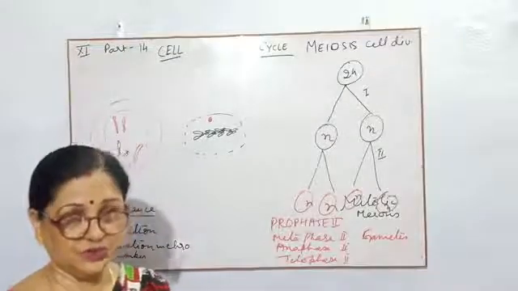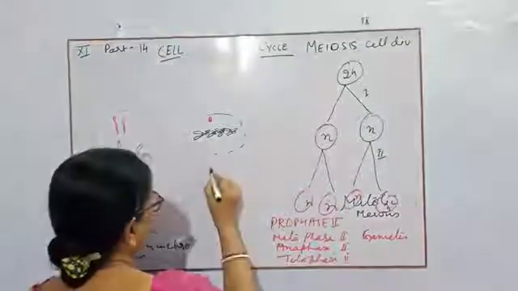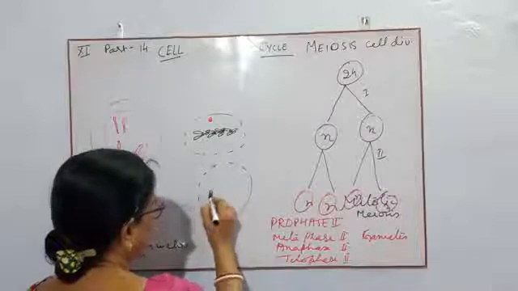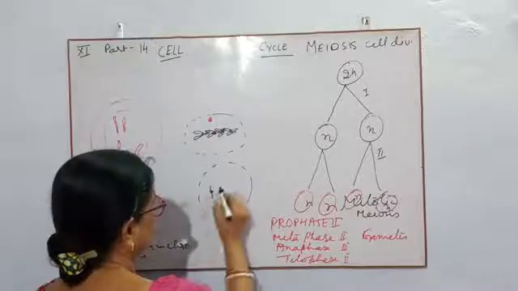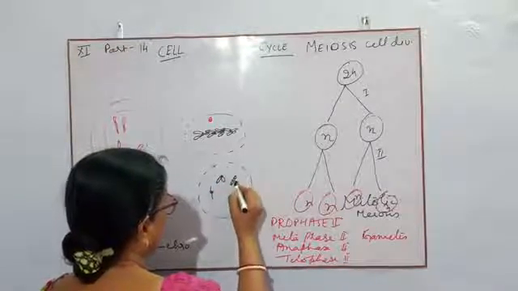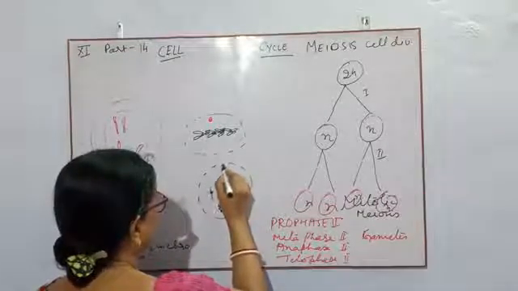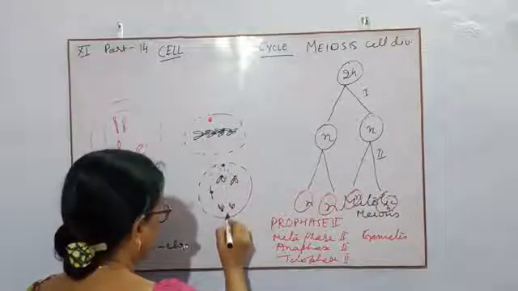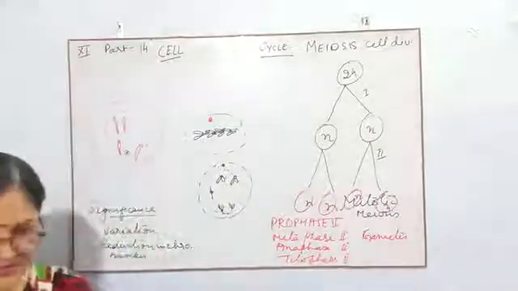This is metaphase 2. And then again in anaphase 2, the centromere breaks and gets halved. Half will go to this pole, half will go to this pole. One centromere moves to this side, and there is the centrosome, and they are attached with the astral rays. Again it will be the same.